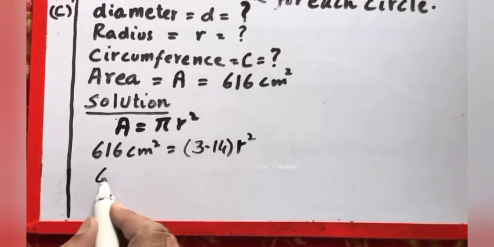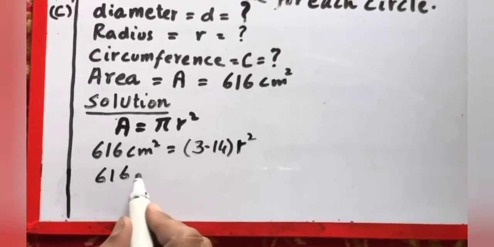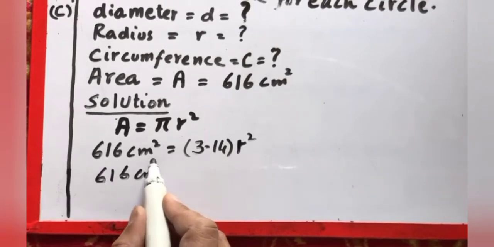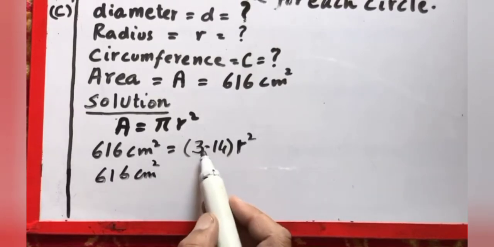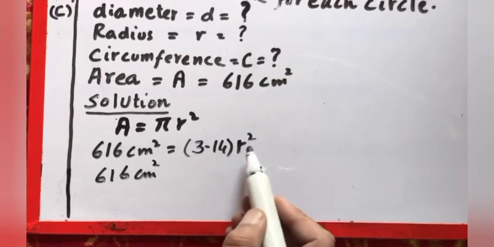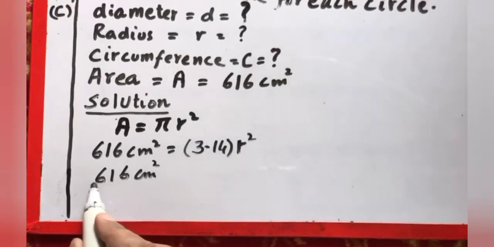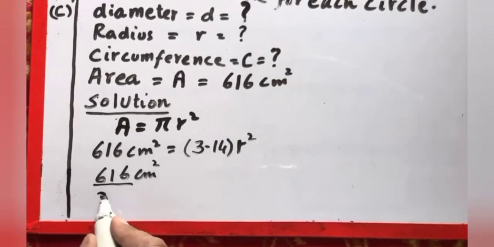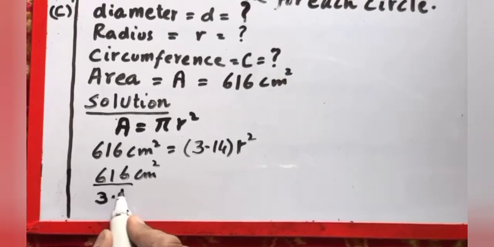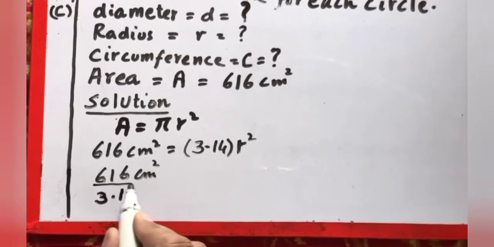So by writing the left hand side as it is, 3.14 is multiplying here. To isolate r square, we will shift it to the left hand side, and it will divide 616 by 3.14.